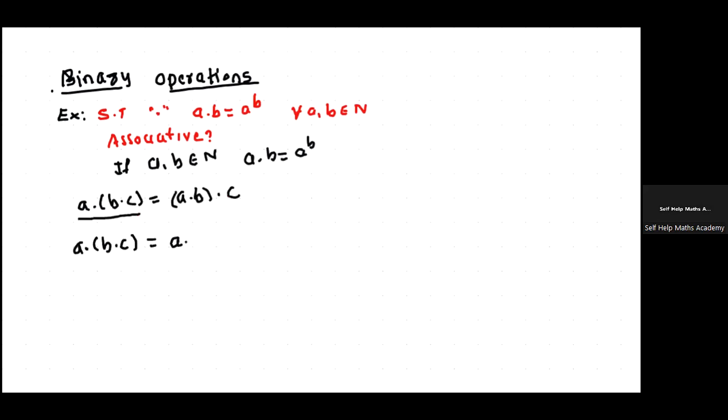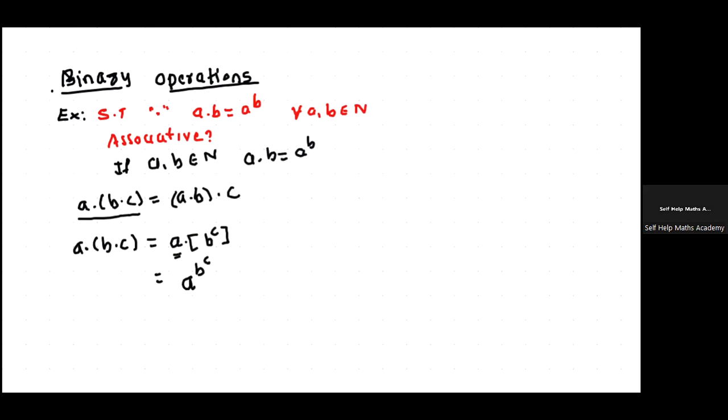So the first element is a, and the second element is b to the power c, as we know a dot b is a to the power b. So this is a to the power b to the power c.